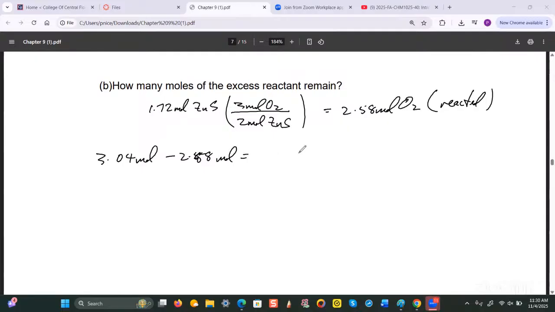So the difference between those two will give you the amount that remained, minus 2.58. And according to my calculation, 0.46 moles is the amount of oxygen that remains. All right? Okay. Any questions about this one?